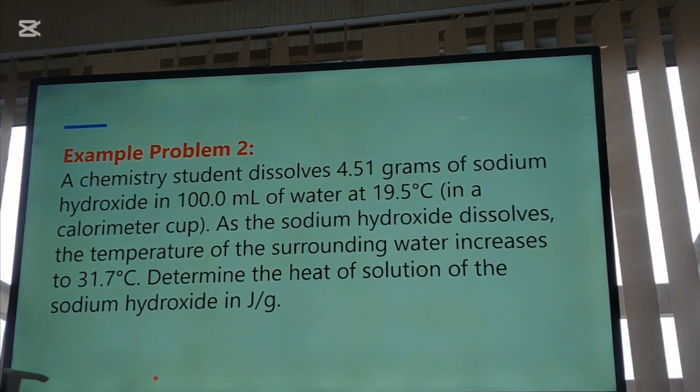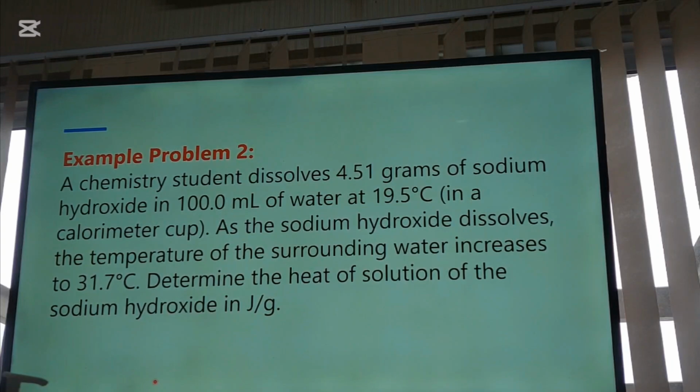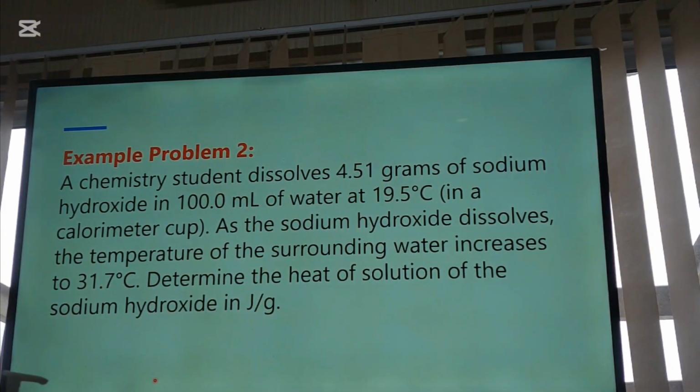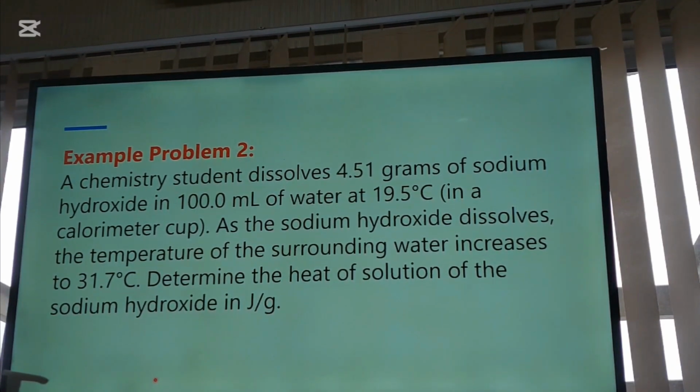For the coffee cup, maybe the final temperature will be lower than the initial temperature of the hot water. But in this case, the final temperature will be higher. Yeah, a different condition, because there is an increase in heat, the temperature.